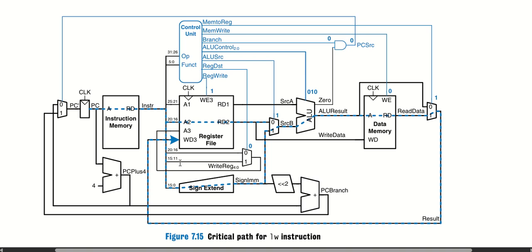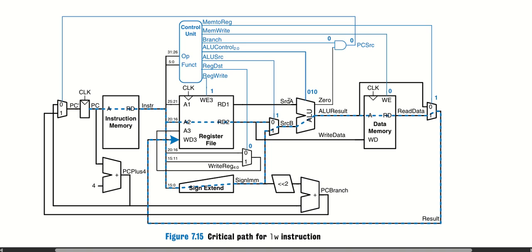Now you realize that we will be reading from A2 for one of the sources. But the second source will be reading from the sign extended part. You see that the register has two sources, source A and source B. One of them, where we write the answer to, will come from RD2.